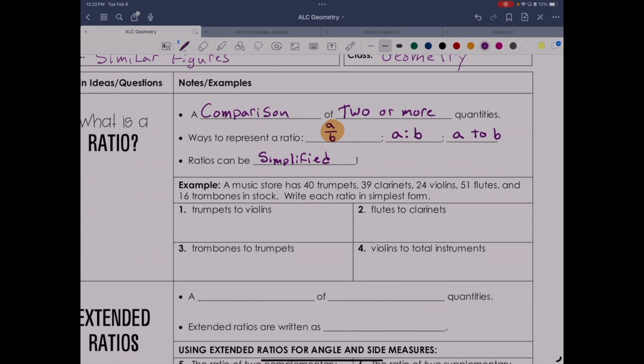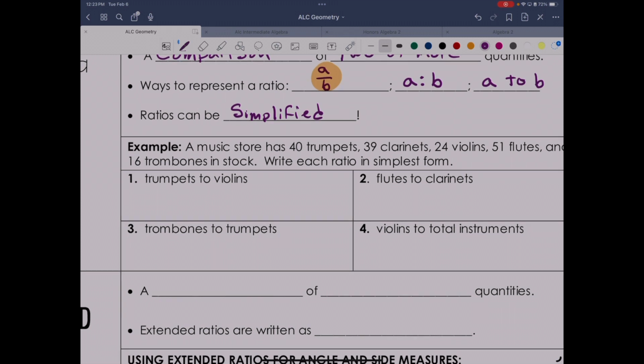So an example of some ratios. The music store has 40 trumpets, 39 clarinets, 24 violins, 51 flutes, and 16 trombones in stock. Write each ratio in its simplest form. So it's saying write trumpets to violins in its simplest form. There are 40 trumpets and there are 24 violins.